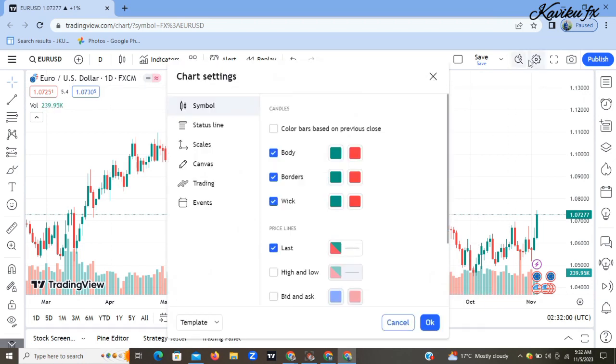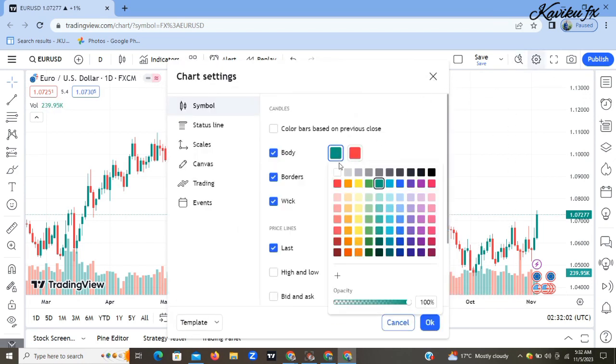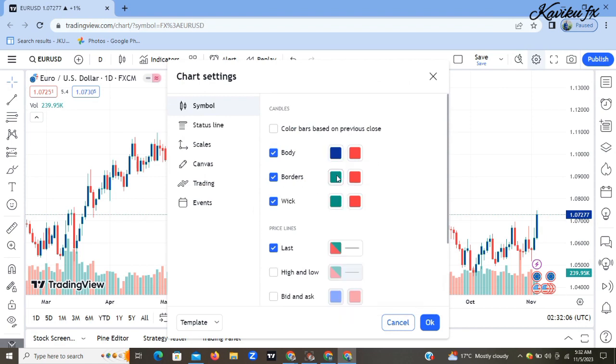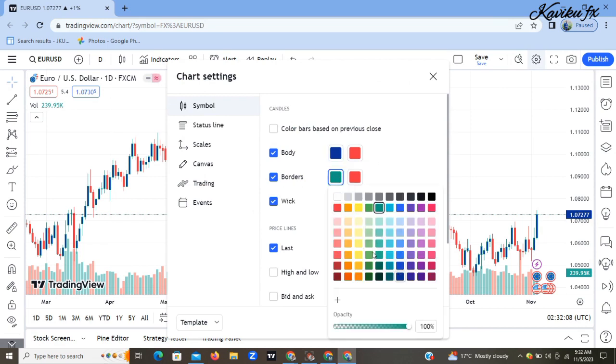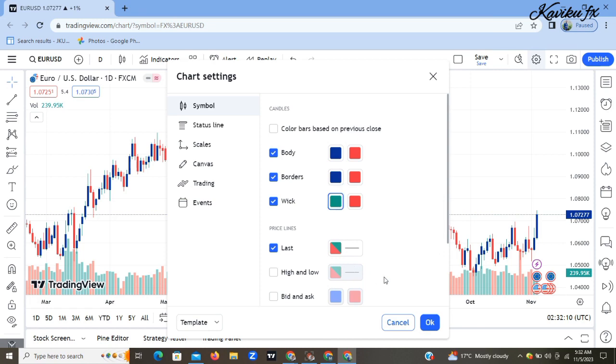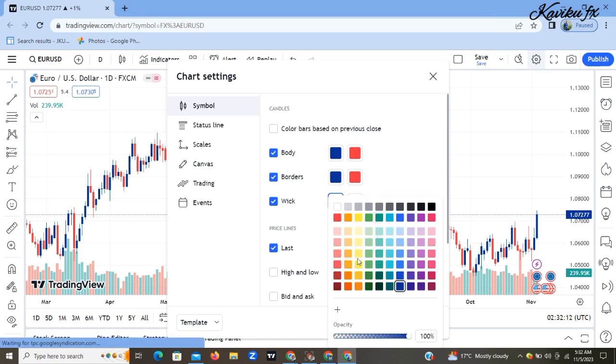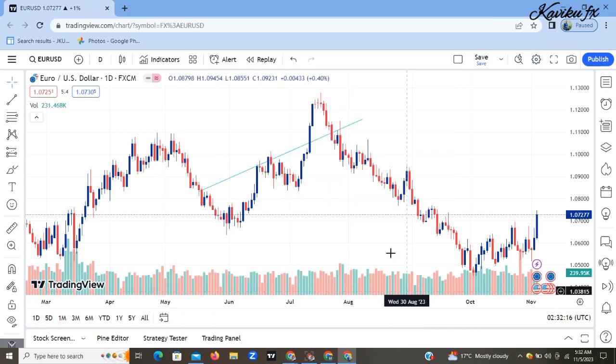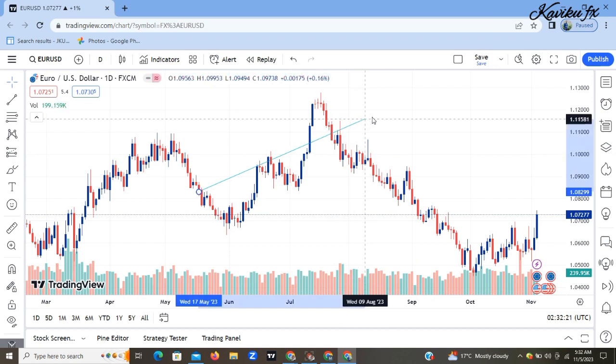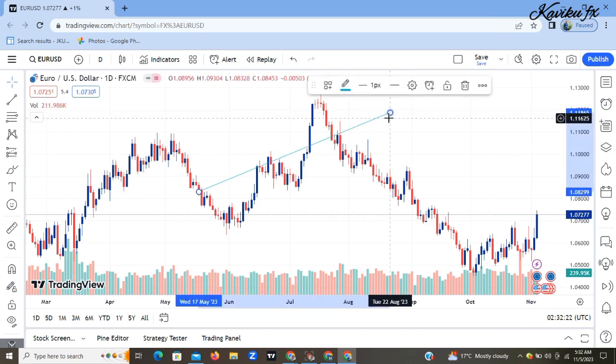You can also customize the candlesticks, so they are appealing to your eye when you're doing your analysis. Maybe we can customize them together. For the uptrend, we are going to show them using blue candlesticks.